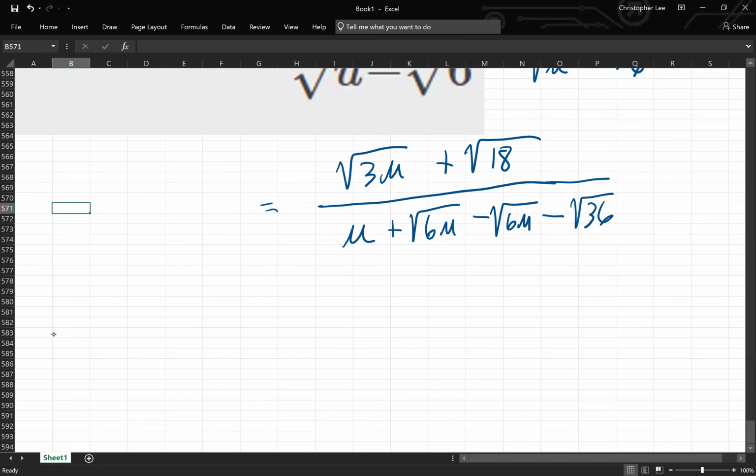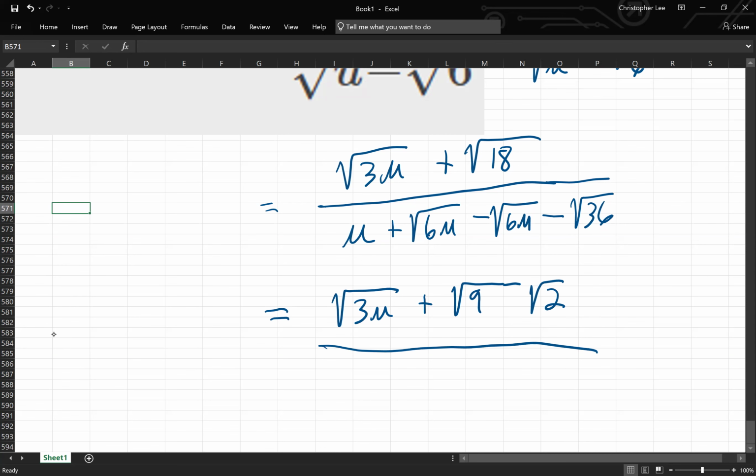All right. And then after that, let's simplify as best we can. In the numerator, we're going to have square root 3u plus, we could break this down. Square root 18 could get broken down into square root 9 times square root 2. And then in the denominator, combining like terms, you already know positive square root u and negative square root u are going to get canceled out.